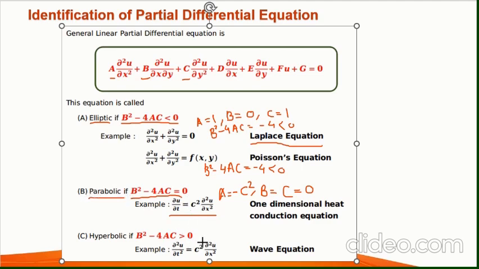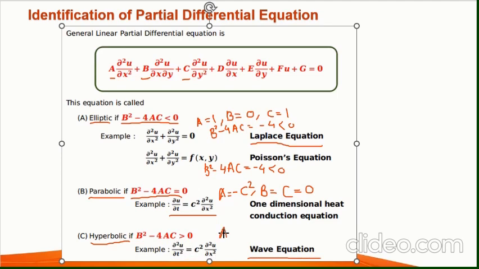Now the equation which satisfies B² − 4AC greater than 0 is called a hyperbolic partial differential equation. An example of the hyperbolic equation is the wave equation, ∂²u/∂t² = c² ∂²u/∂x².